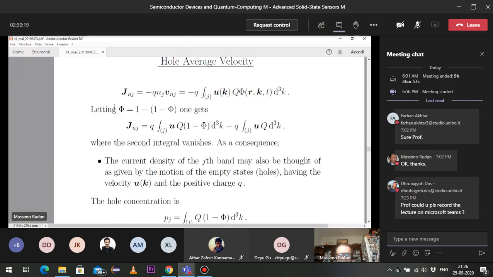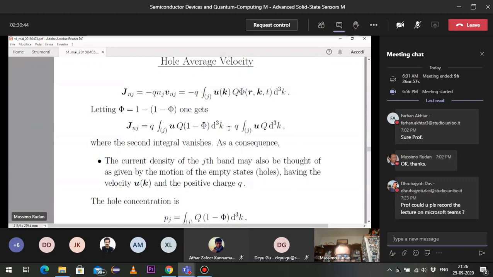So we simply express phi in this form and we replace phi in the integral. So what do we obtain? Well, we obtain an expression of the current density of the band number j that is made of the sum of two blocks.